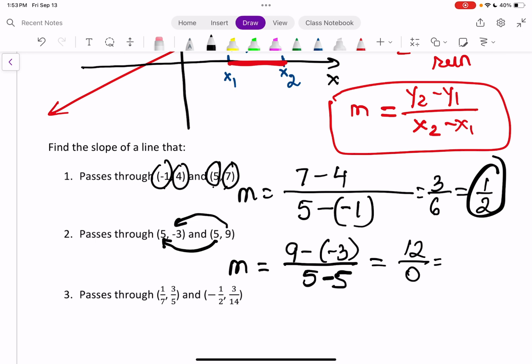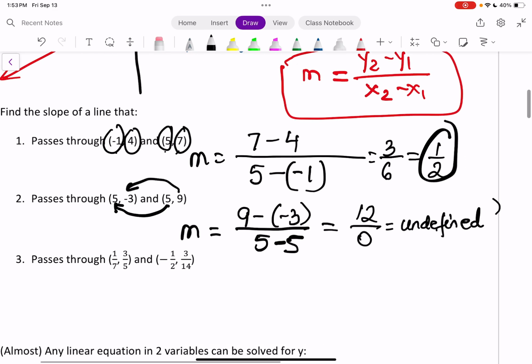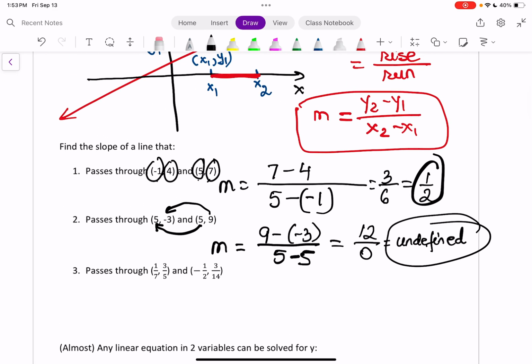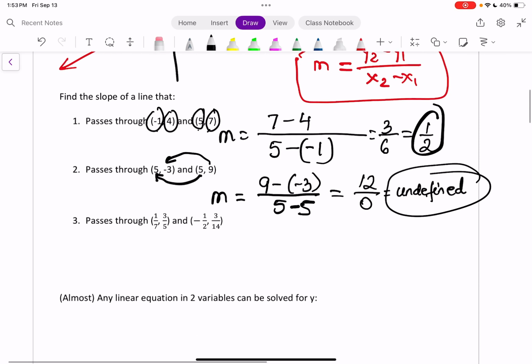We said division by 0 is not possible. So here is going to be a line that has no slope. Okay, do not leave this for me just like that. The slope 12 divided by 0 has to be finished, and you will have no answer for that. So put it in your calculator and you'll see no answer comes out. So that's undefined. I'll talk about it in a bit, what has to happen in this case.